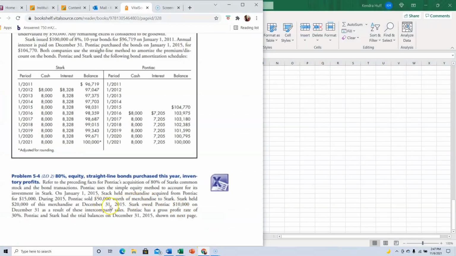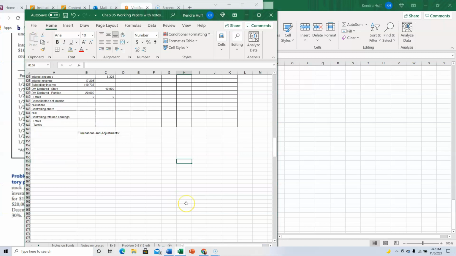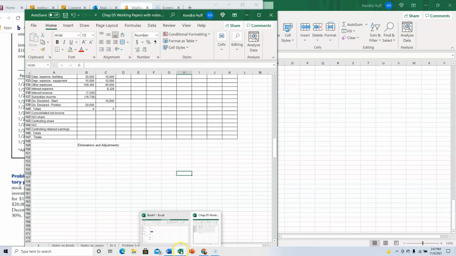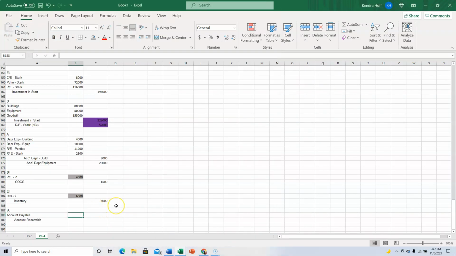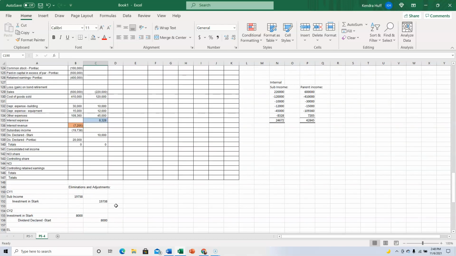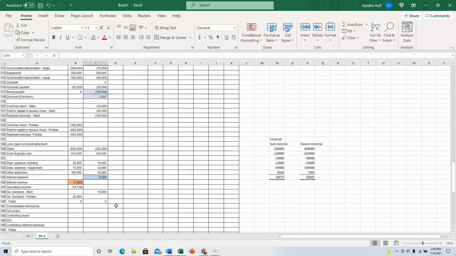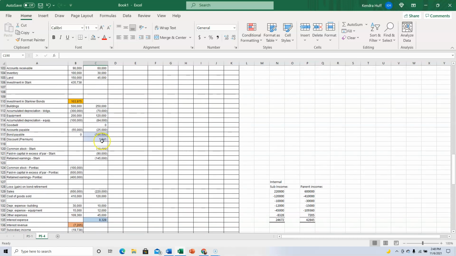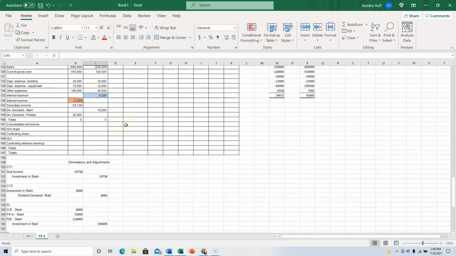And let's see, they told us Stark owed Pontiac $10,000. But I'm missing something. All right, the $10,000 is included in these payables and these receivables up here.